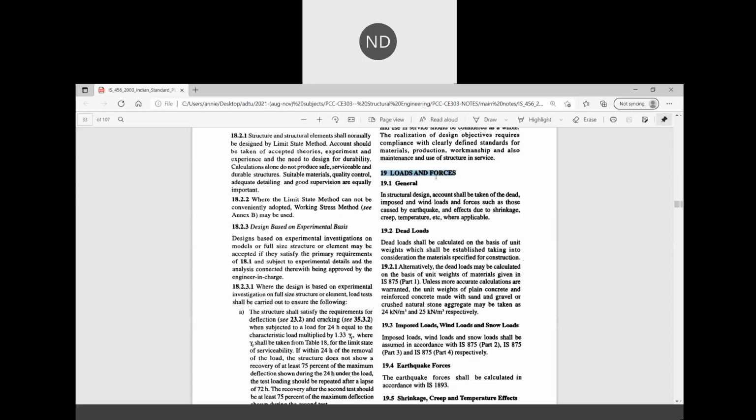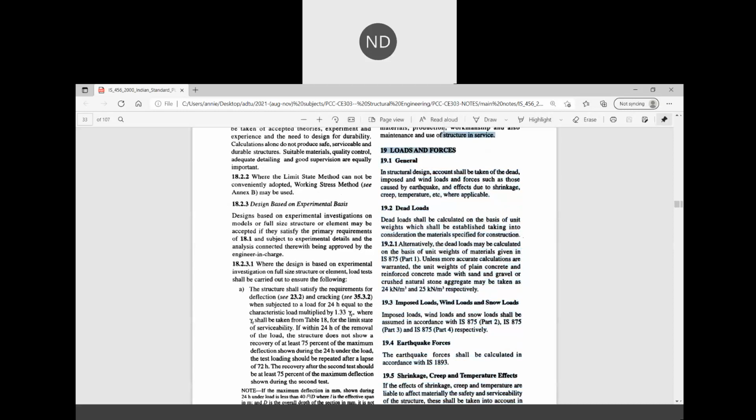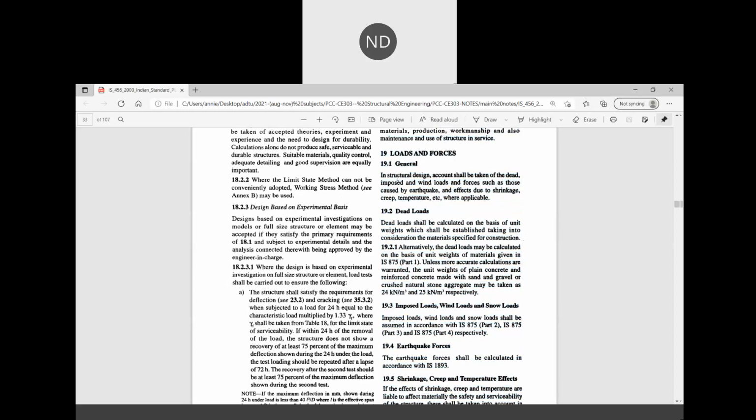This clause number 19 talks about all your load conditions. Here, in general design, account shall be taken of the dead, imposed and wind loads. Most of the important things are here in your IS code.